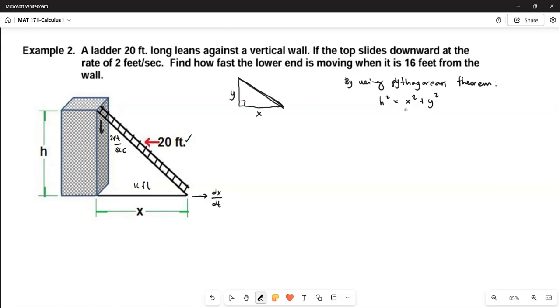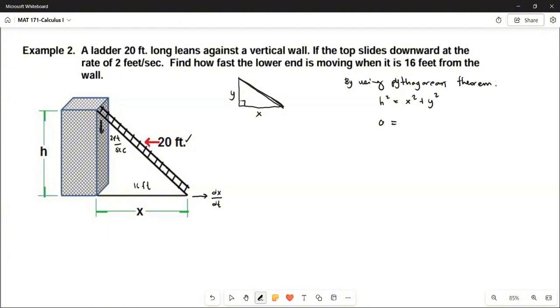Proceed tayo sa ating differentiation. So differentiate natin with respect to time yung ating mga variable. Yung x is magbabago kapag bumagsak yung ladder, hindi ba? Well, the same with y, magbabago yung y natin pag bumagsak yung ladder. Siyempre, with respect to time sila parehas. Yung h natin hindi magbabago yan. So, constant yung h natin. Kung constant yung h natin, pag i-differentiate natin yan with respect to time, yan ay equal lang sa 0.